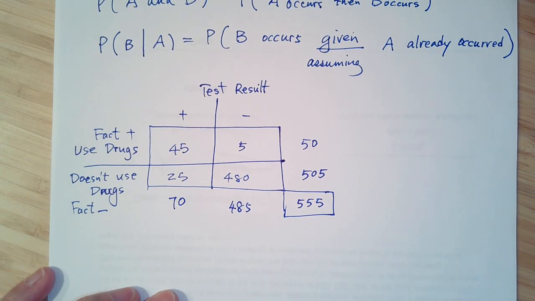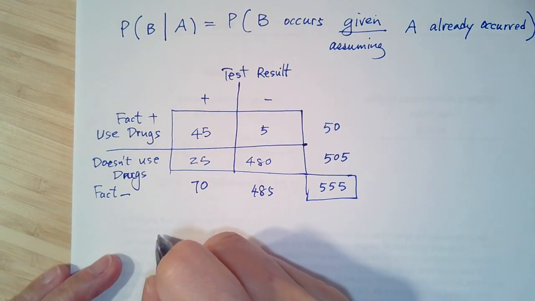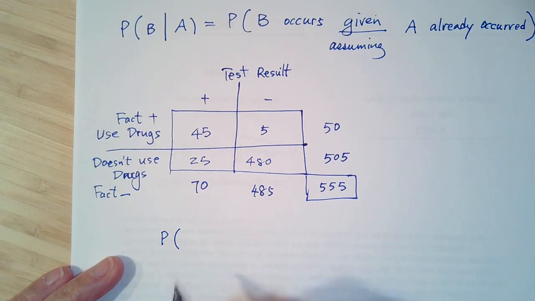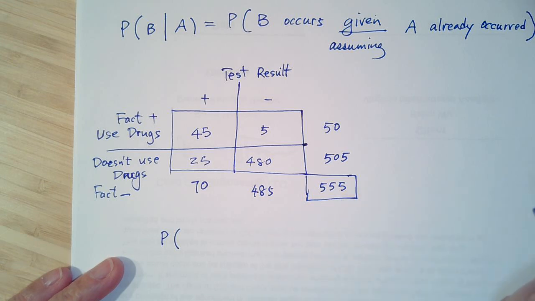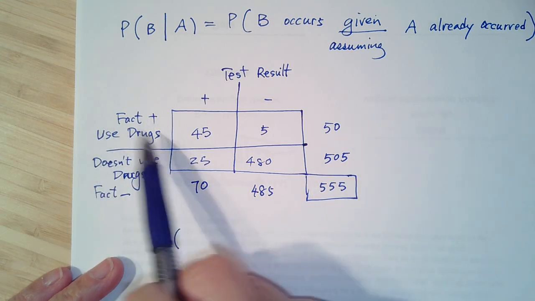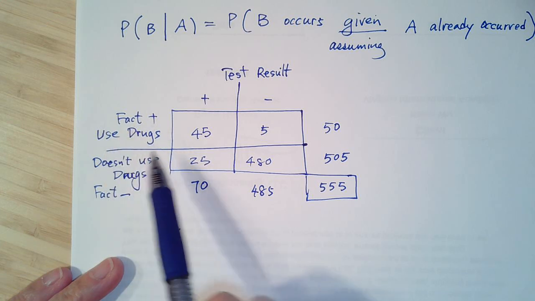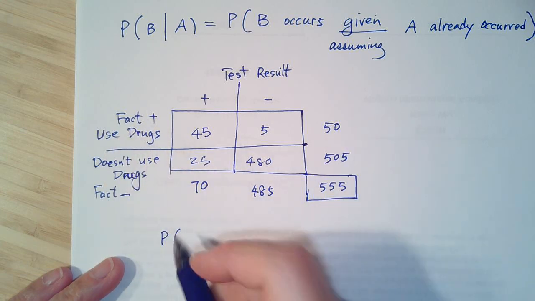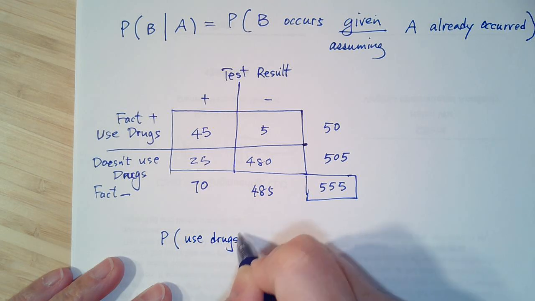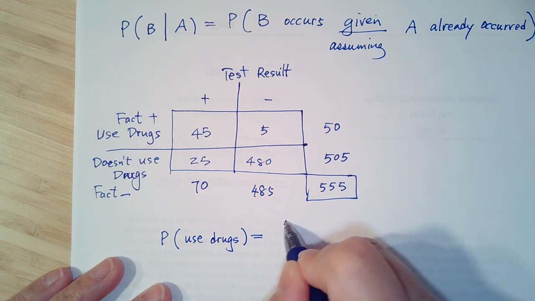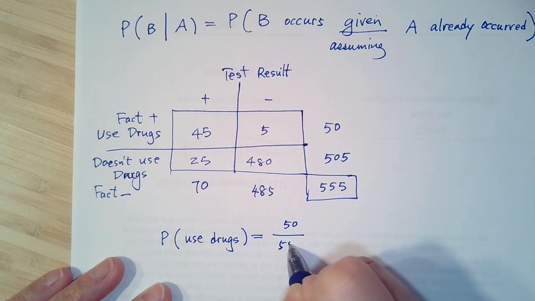Let me ask you several questions. What is the probability that a randomly selected person uses drugs? Altogether we have 50 people who use drugs, and the answer is going to be 50 out of 555.